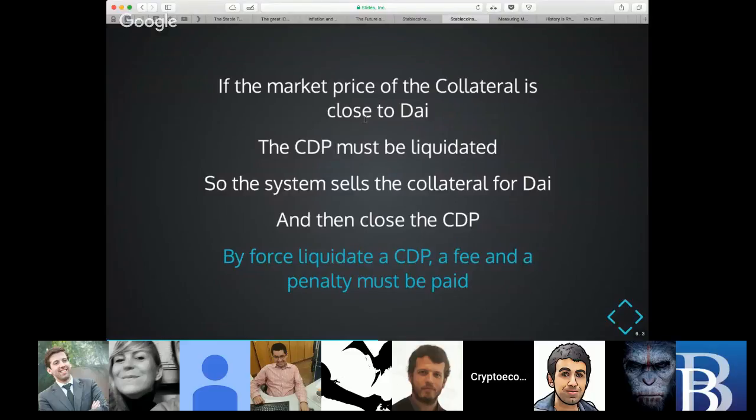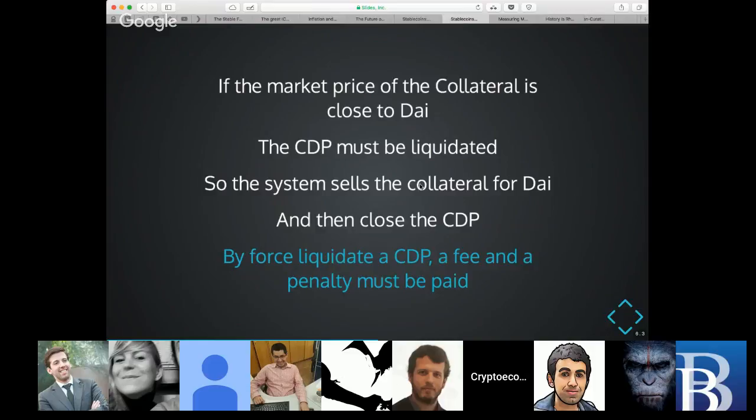the CDP, so the collateralized debt position, the smart contract, must be liquidated because it is said to be too dangerous to leave it open. So in this case, the system will liquidate that position, and in doing so, it will sell the collateral, so the Ether that was held by the CDP.